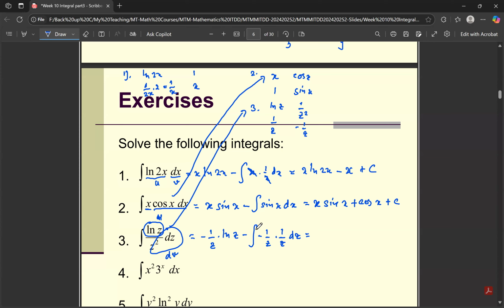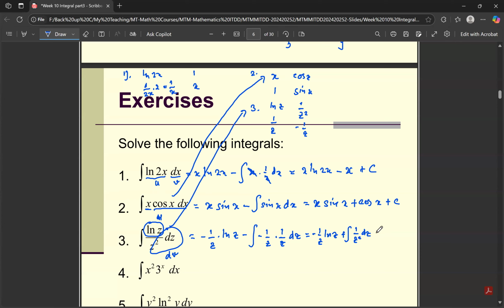And we simplify it: minus 1 over Z ln Z, minus minus plus, the integration of 1 over Z squared dz.